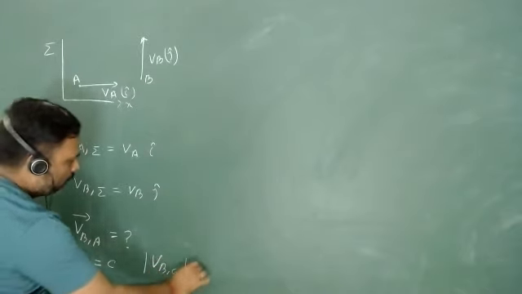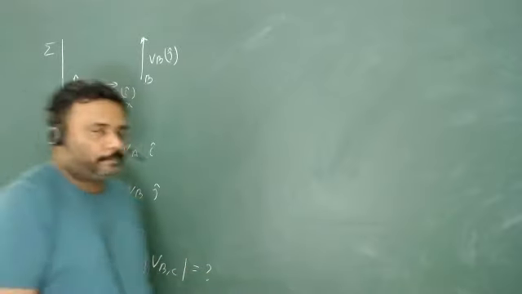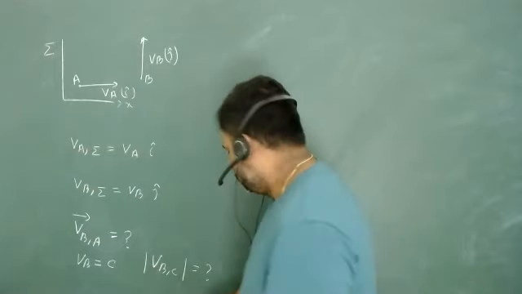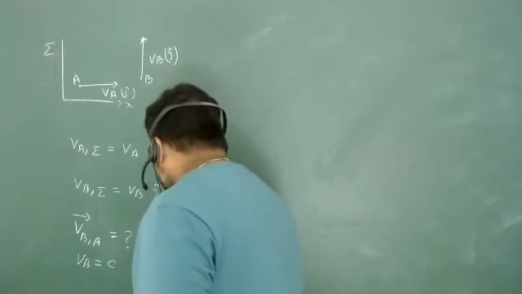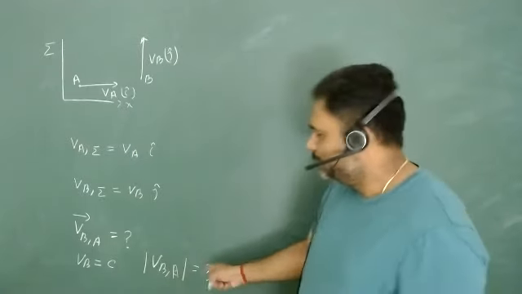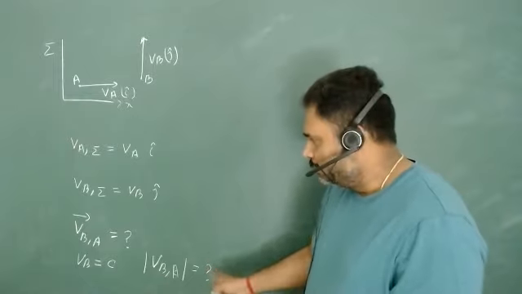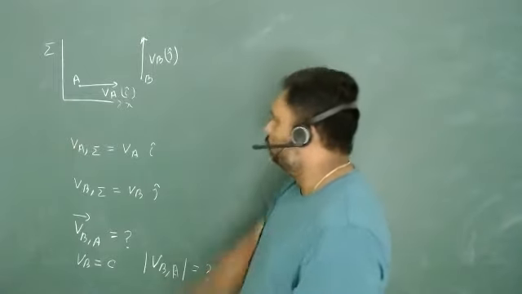What should the magnitude of the velocity of B with respect to A be? When VB is equal to C, what should the answer be? It should be C. Yes, C should come. Let's try to do this.